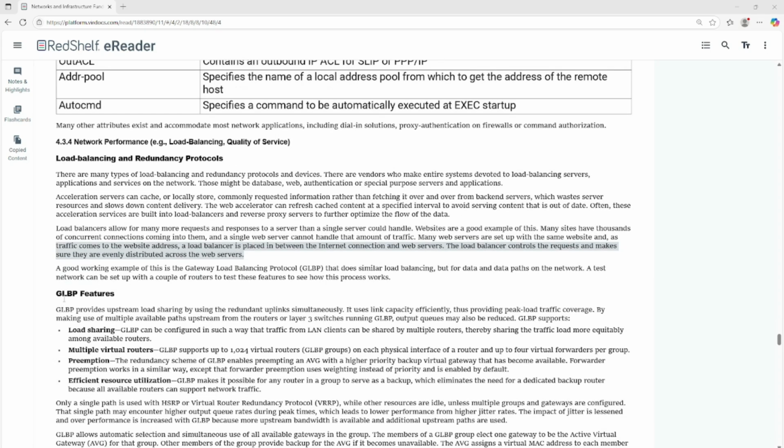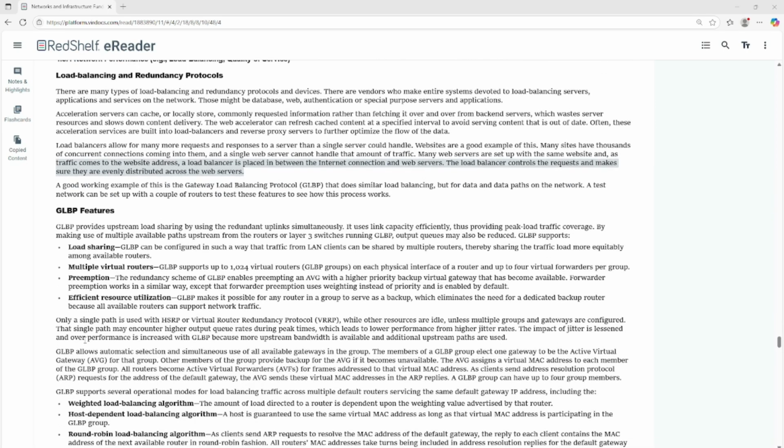With GLBP, which is Gateway Load Balancing Protocol, for your understanding, it basically provides a working example of a load balancing protocol. That's what it does.